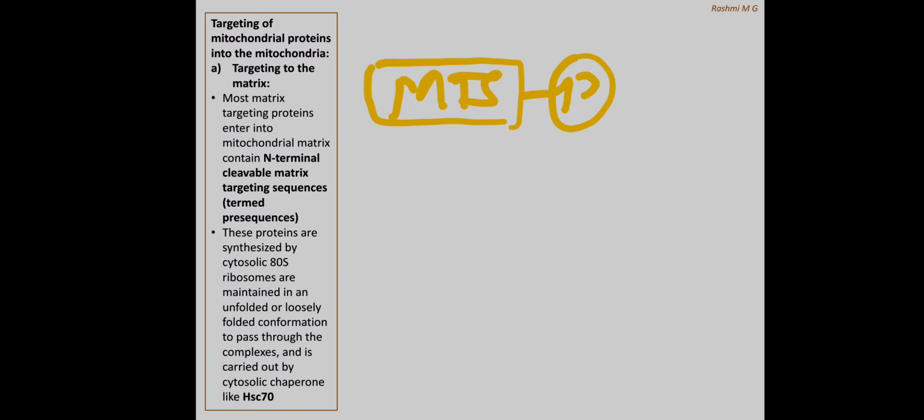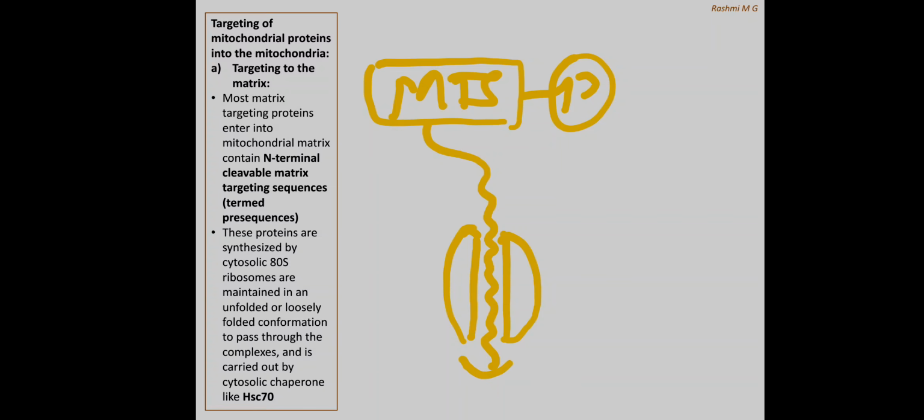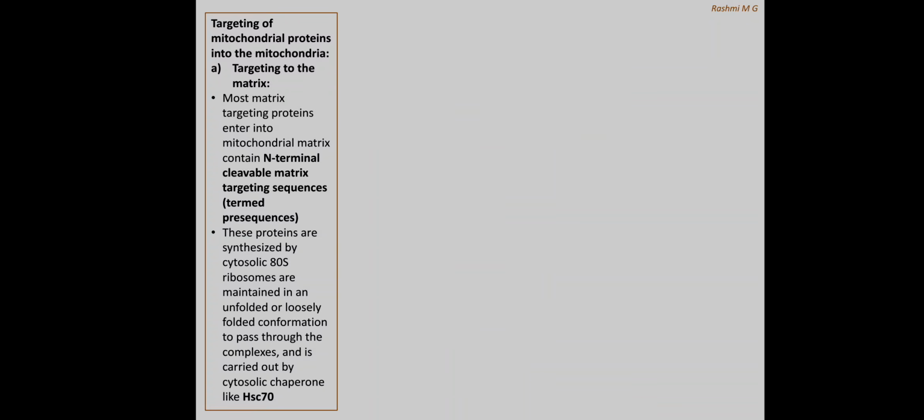it directs the protein through the TOM complex. Consider there is a complex like this. This MTS directs the protein through the TOM complex to the next complex, that is TIM. The TIM complex is present in the inner mitochondrial membrane.